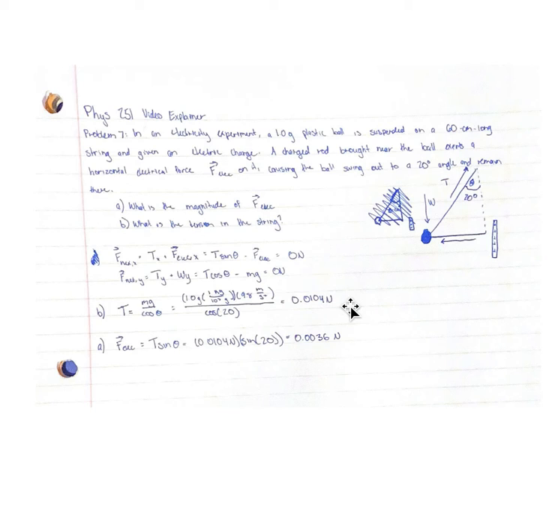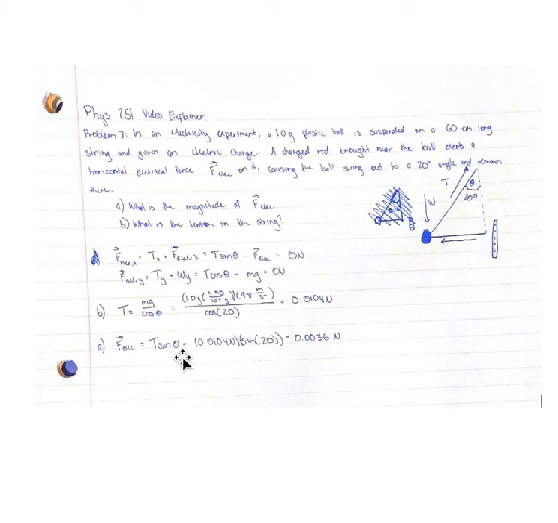When we do this, we get that our tension is equal to 0.0104 newtons. Now that we have our tension, we can use the net force in the x direction to solve for the magnitude of the electrical force. When we rewrite this equation, we get that the magnitude of the electrical force will be equal to tension times sine theta.